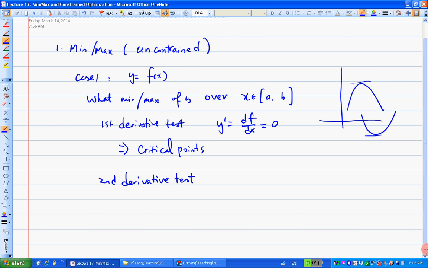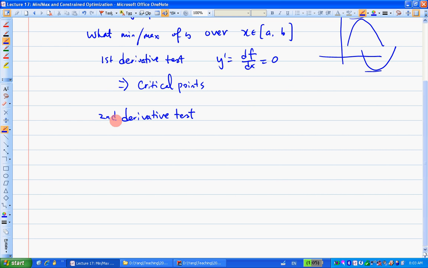Second derivative test can be derived from the Taylor series. If I have a function f of x, this function can be expanded using a Taylor series over a certain value a, basically at x equal to a.